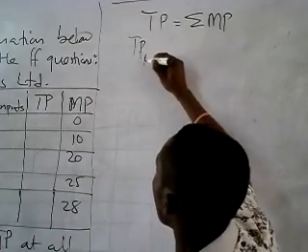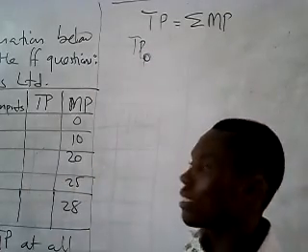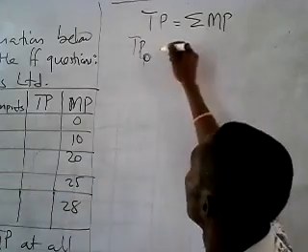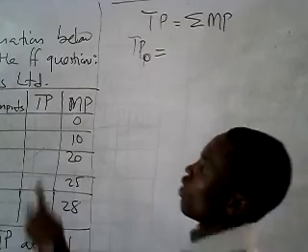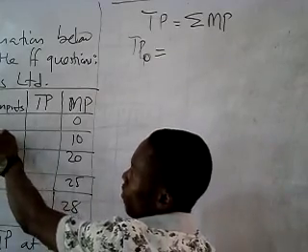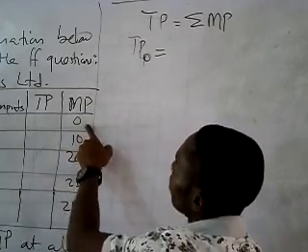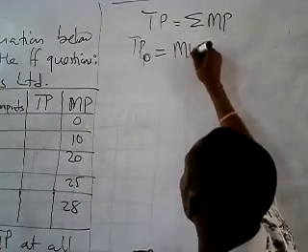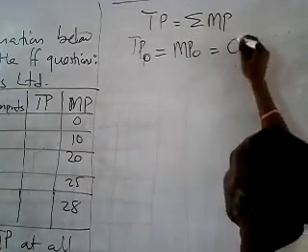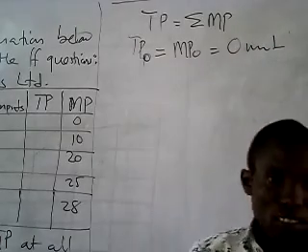Let's look at the first one first. Total product 0 is going to be the summation of marginal product. It means when 0 quantity of the variable factor is employed, marginal product is 0. So here marginal product 0 will also give us 0 units.